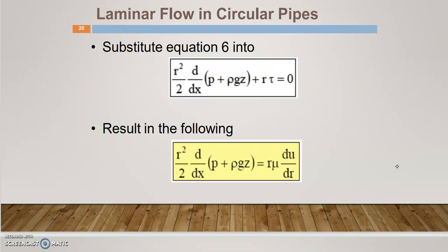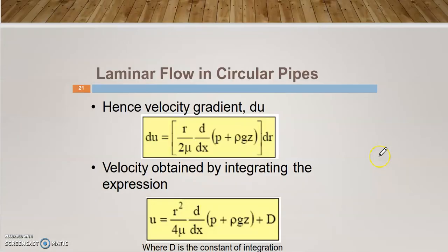Alright, by substituting equation 6, we get r squared over 2 times d over dx of the pressure plus rho g z, plus the radius times the shear stress, equal to 0. So it will result in this equation.